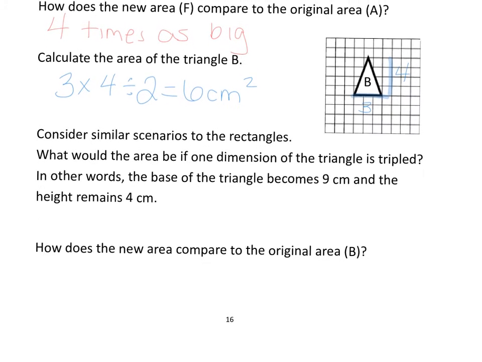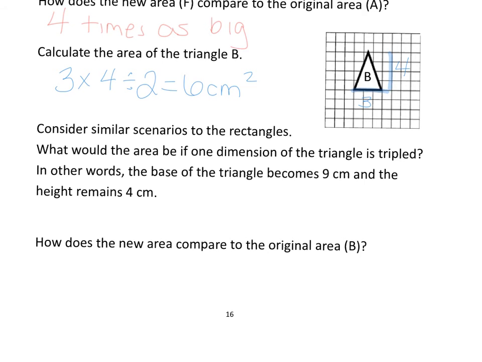So we're asked to consider similar scenarios as what happened with the rectangles. What would the area be if one of the dimensions is tripled? So the base becomes 9, the height remains 4. We still have to divide by 2 because it's still a triangle, and we get 18 centimeters squared. So how does the original compare to the new?